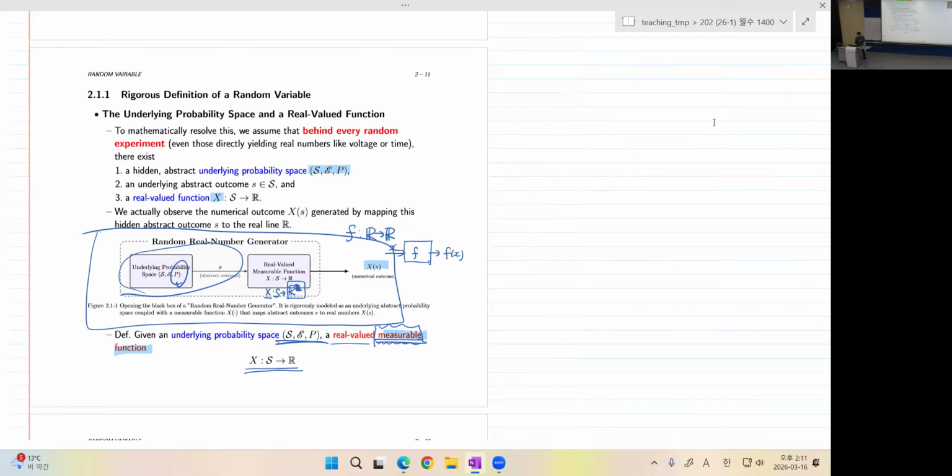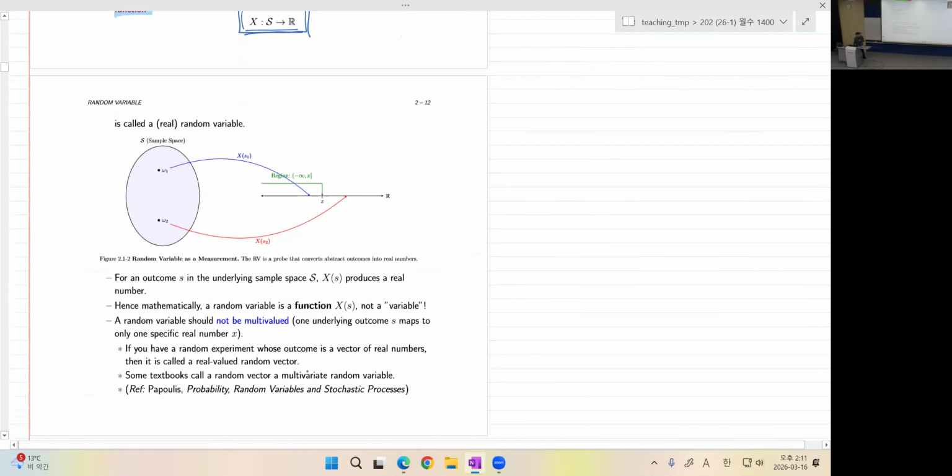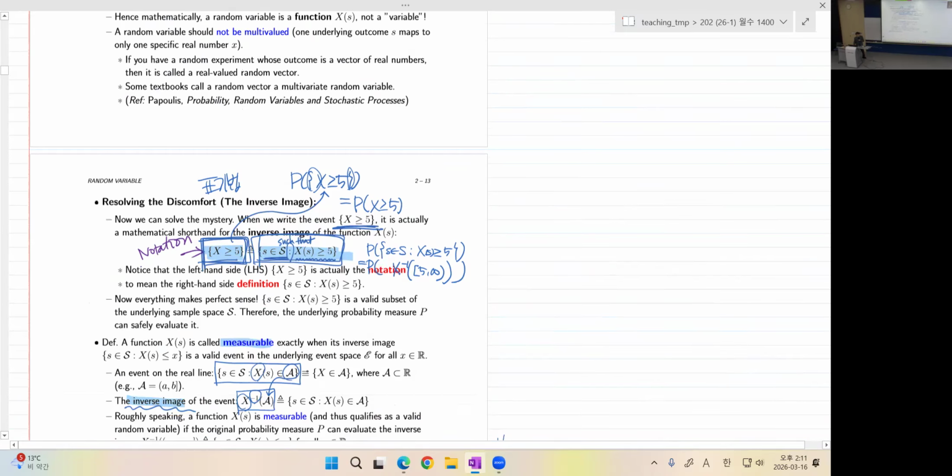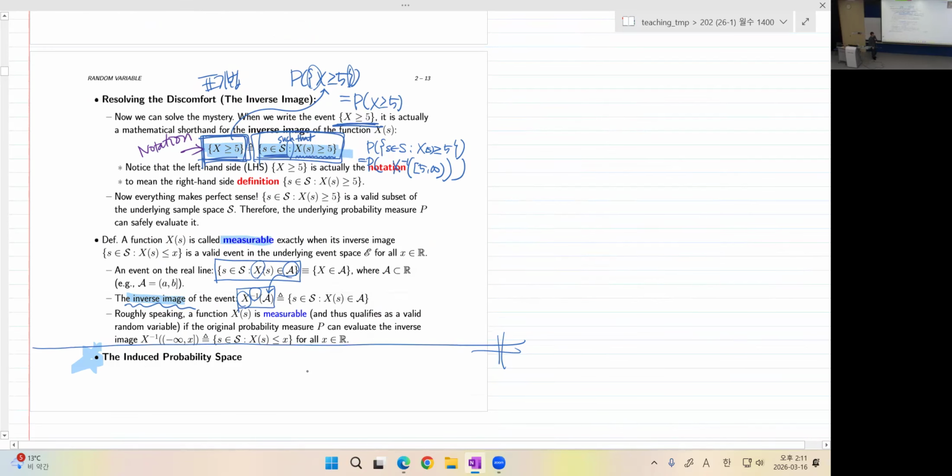Anyway, so as I told you, a random variable is now precisely defined as a real valued measurable function. However, we still want to use very shorthand notations because it is very cumbersome to write all these curly brackets as in the sample space of the abstract underlying probability space and capital X of S, that is a function evaluated at S, greater than or equal to 5.